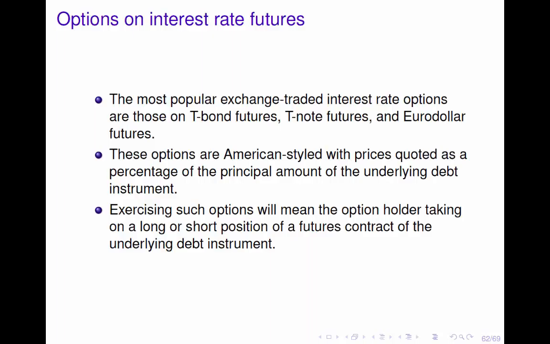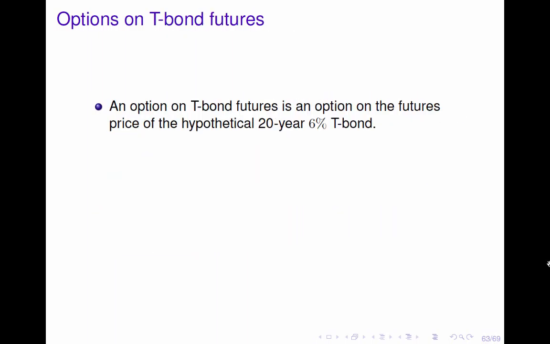Exercising such options will mean the option holder taking a long position or short position of a futures contract of the underlying debt instrument. First, let's introduce the options on Treasury bond futures. An option on T-bond futures is an option on the futures price of the hypothetical 20-year 6% T-bond.